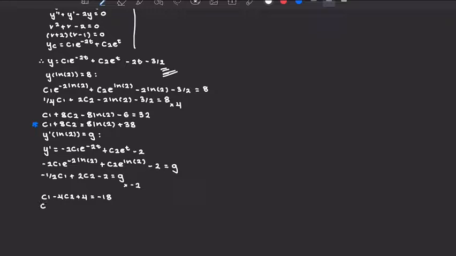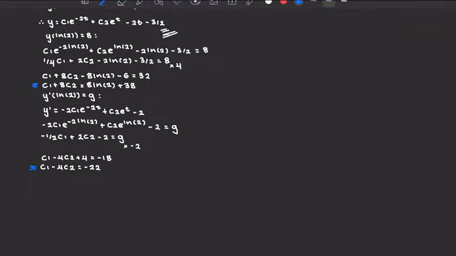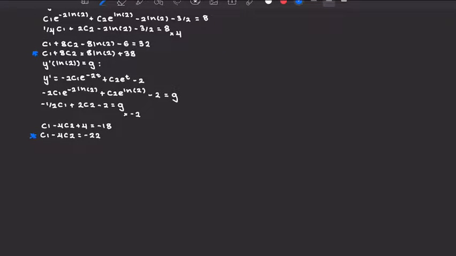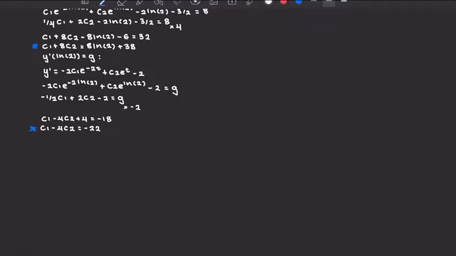And let's move all the constants to the right hand side. Minus 18 minus 4 is negative 22. And so we got our second expression right here. And so we got two expressions, or a system of linear equations which we can solve for the unknowns. And in here, let's use the elimination and substitution method because it's the fastest way for finding two unknowns.